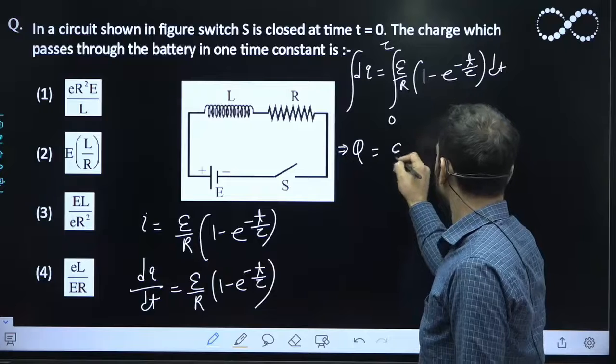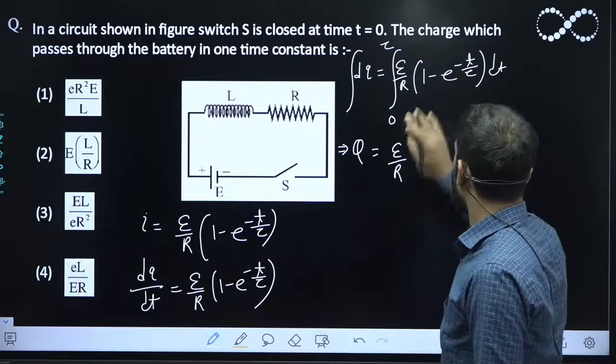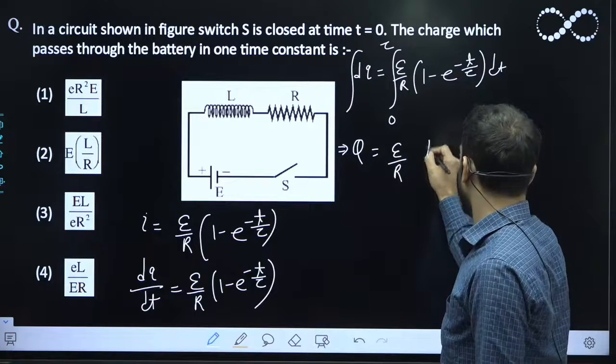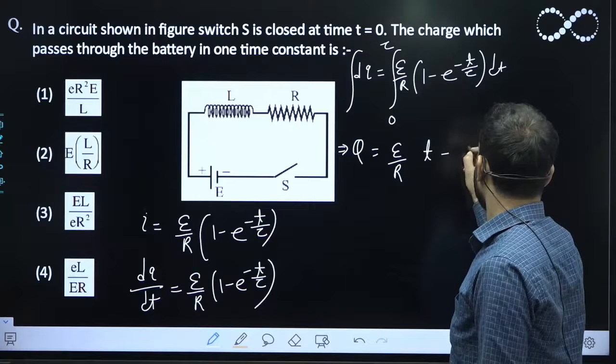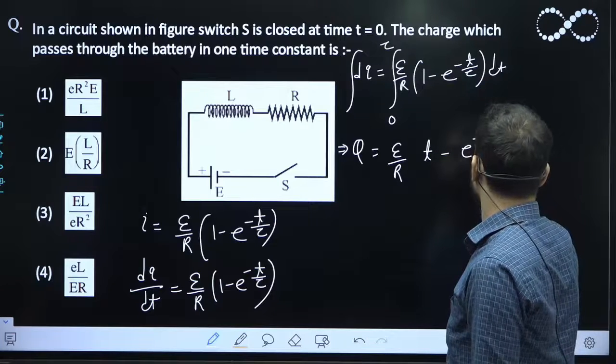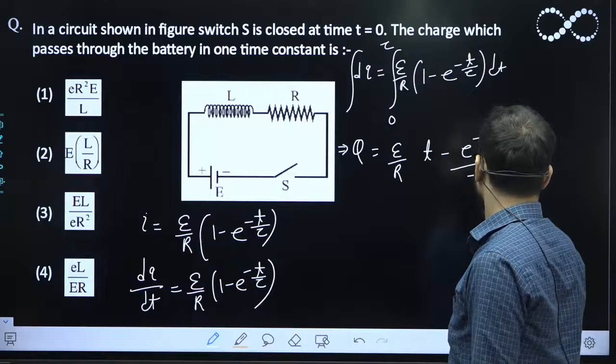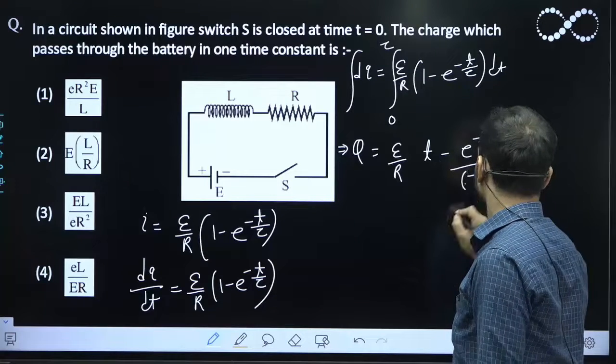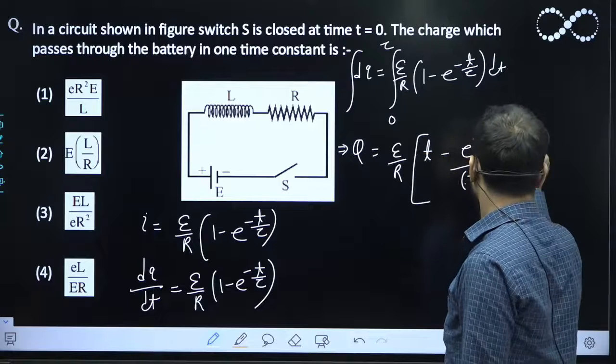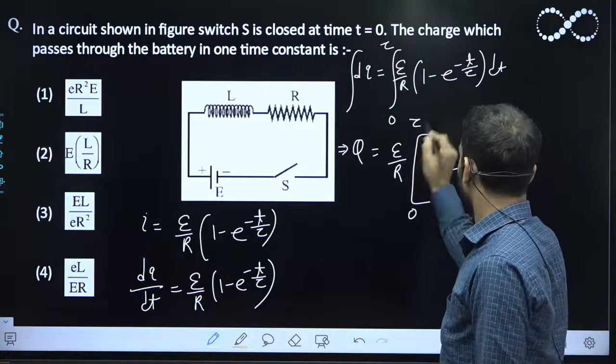So E by R is constant, so it will come outside. Integration of 1, you will get t here, minus integration of e raised to power minus t upon tau, you will get e raised to power minus t upon tau divided by minus 1 upon tau. And the limit we have to put from 0 to one time constant.